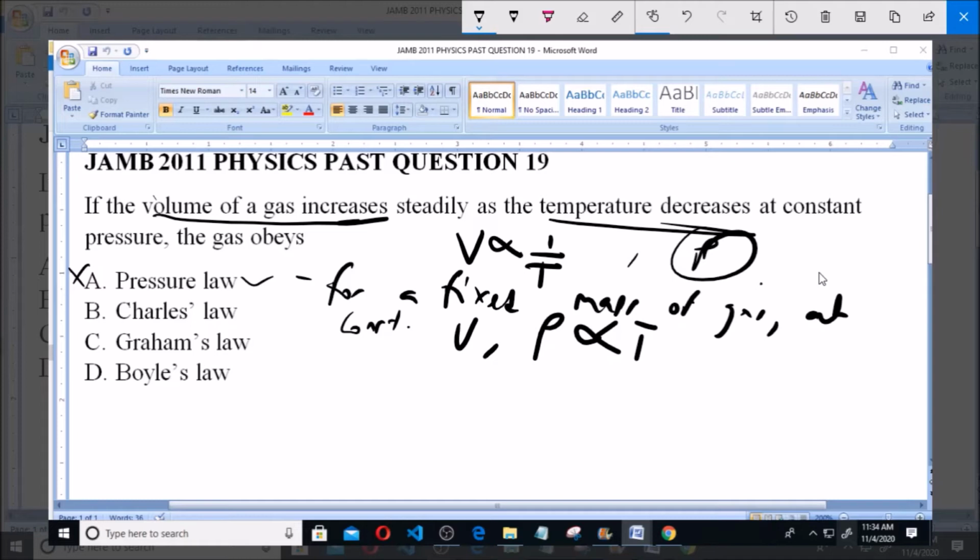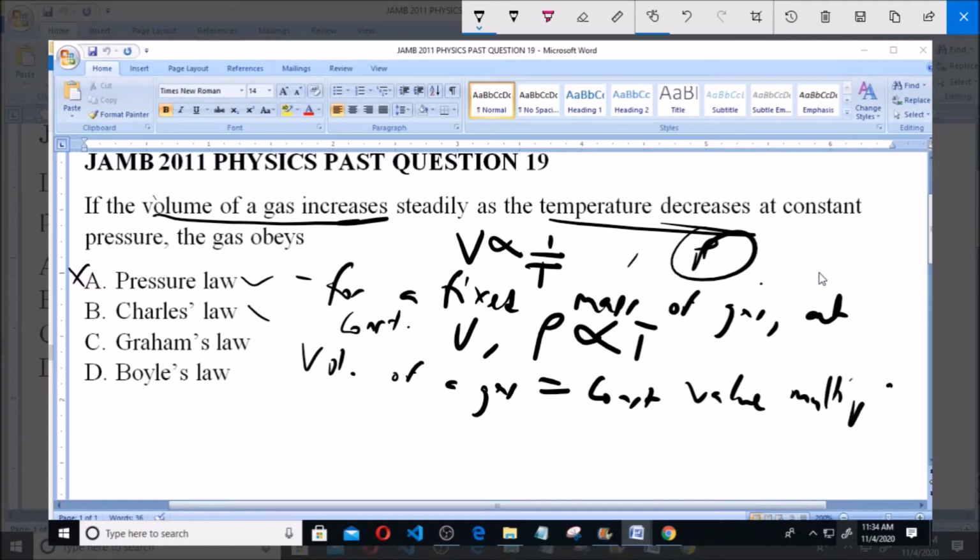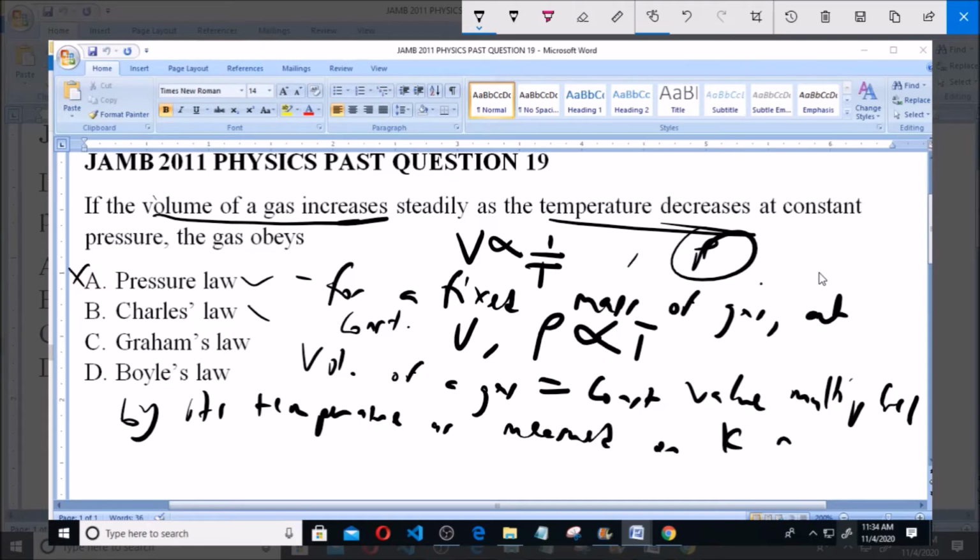Now Charles law actually has to do with the volume and temperature of gas. Charles law states that the volume of a gas equals a constant value multiplied by its temperature as measured on the Kelvin scale.